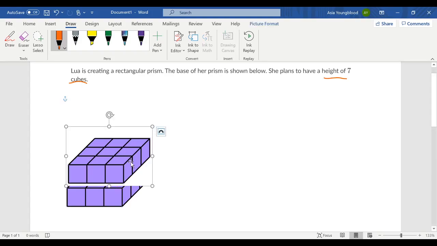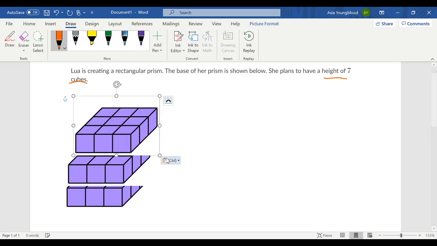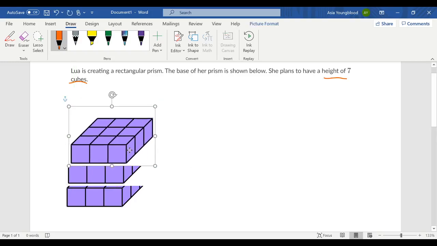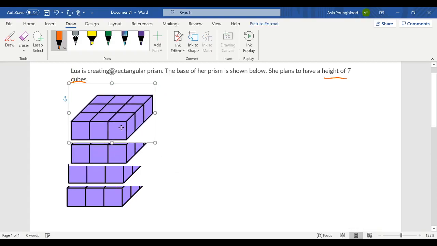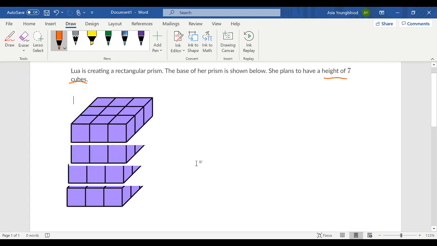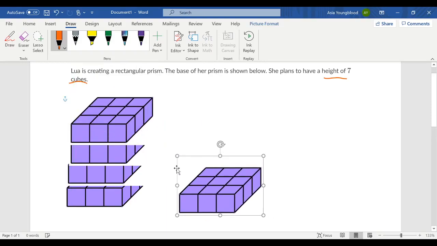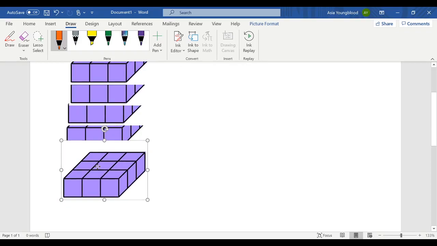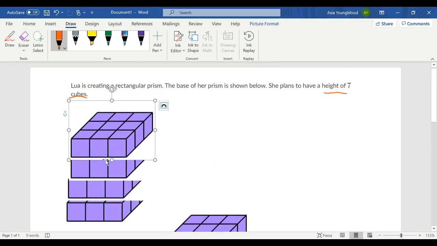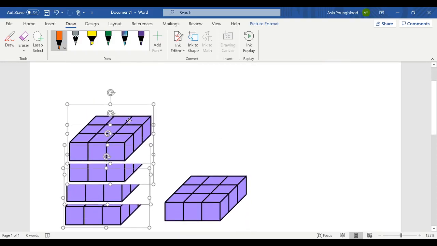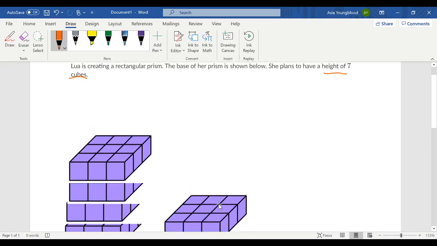Stack it again. Stack it again. I have to go under it. That's not going to work. I'll select all these and move them all down together as one.